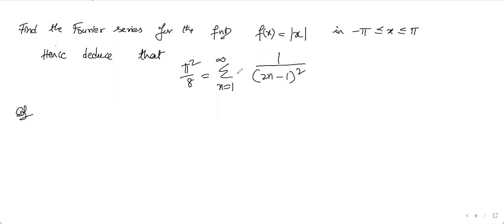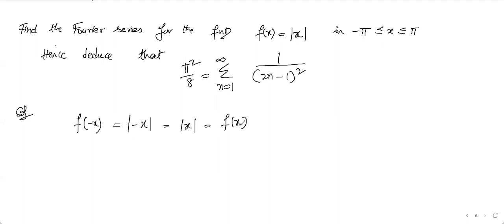Okay. Now, again, let us find whether it's an odd function or an even function. Let us substitute here minus x. So you get mod of minus x, which is mod x again, which is f of x.